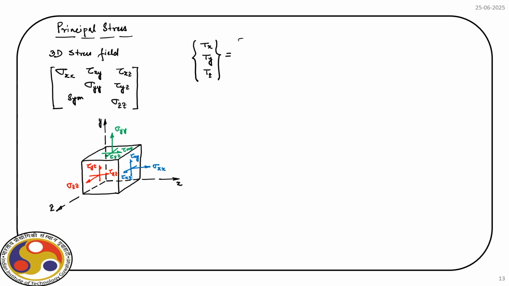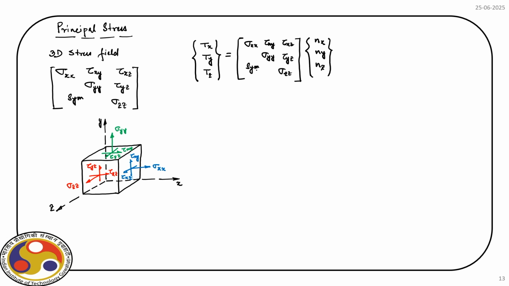How do we do that? The plane is defined by its direction cosines. So, we have nx, ny, nz. This is what we derived in the previous lectures. So, you have here sigma xx, sigma yy and sigma zz, tau xy, tau xz, tau yz, and this is symmetric.